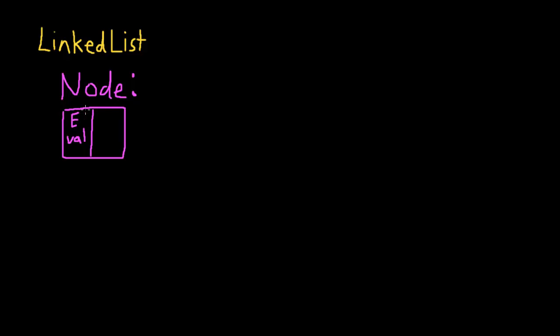So this first instance variable is the actual value of the node. Then it'll have another one, and this one's a pointer of type node that's called next. So basically each node knows two things. It knows its own value and it knows what node comes after it.